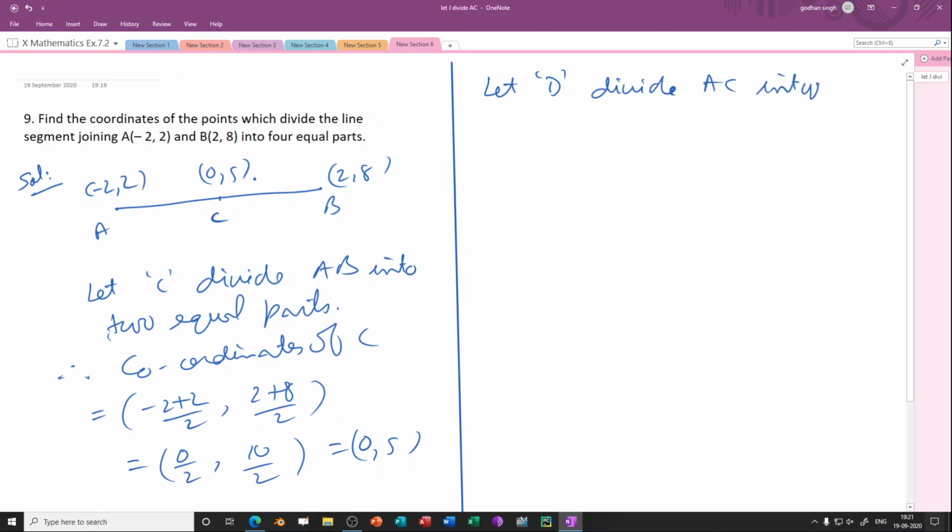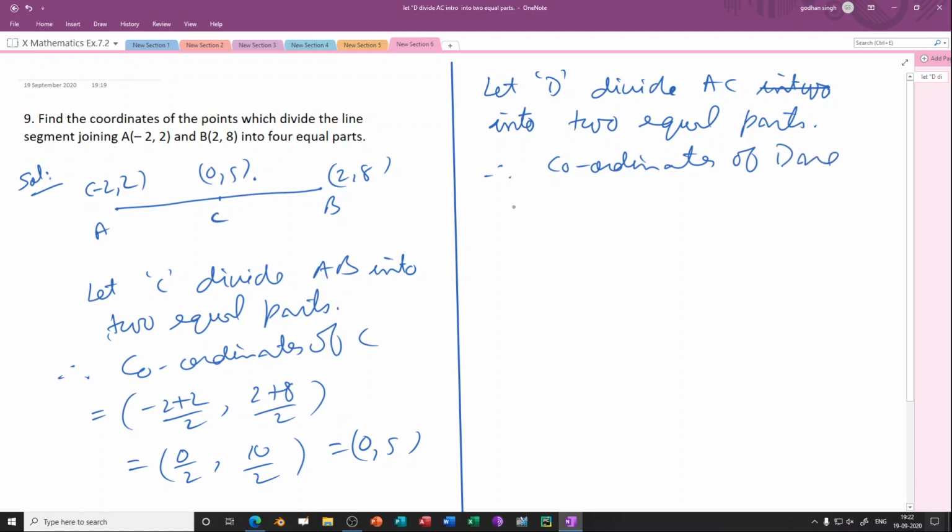Therefore, the coordinates of D are, again applying the midpoint formula, minus 2 plus 0 over 2, 2 plus 5 by 2.